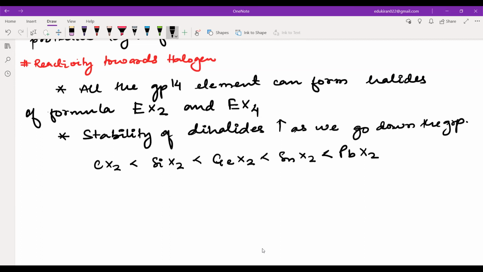Next is regarding the character, whether it is ionic or whether it is covalent.